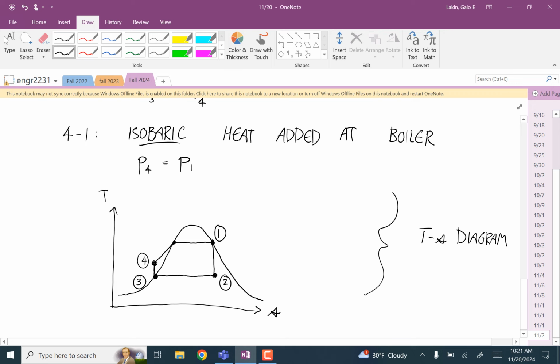And then energy goes into it until it becomes a saturated liquid. And once it's a saturated liquid at a constant pressure, as you keep adding energy, the temperature stays constant while it turns into a saturated vapor and gets ready to go through the cycle again.